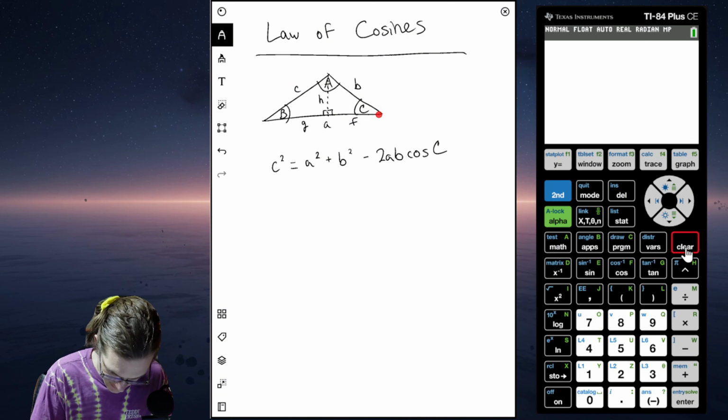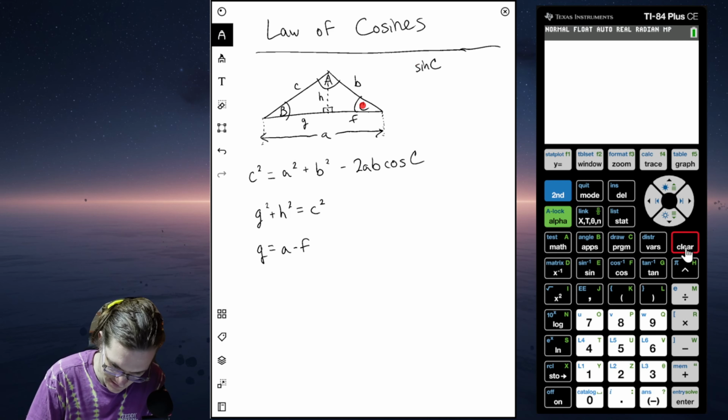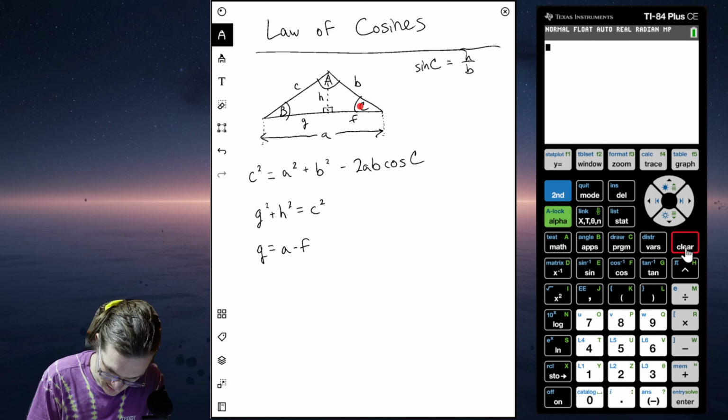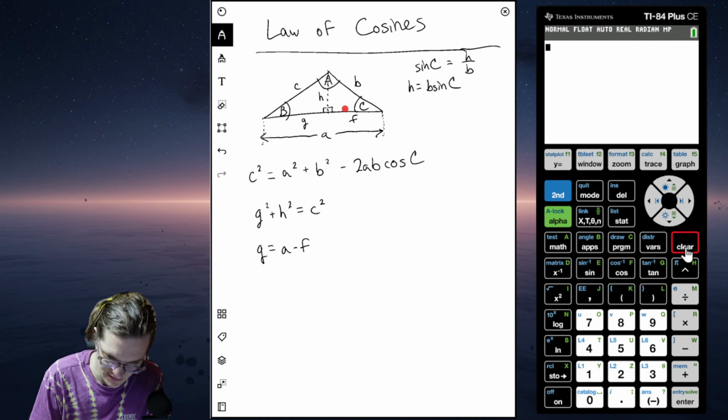What I'm going to do is go over here and look at the other right triangle we have. Some true things I can say about it: sine of C, this angle, is opposite over hypotenuse, so equal to h over b. The correlate of that is that h is equal to b sine of C. We also have the Pythagorean theorem that's relevant on this side, so f squared plus h squared equals b squared.